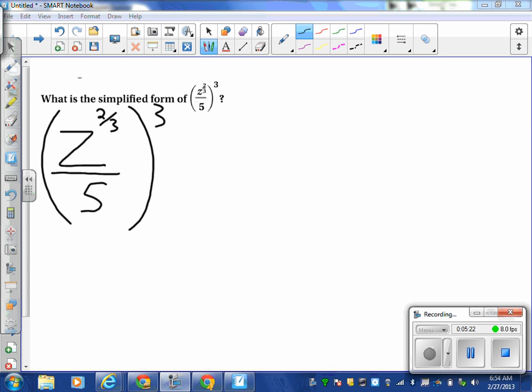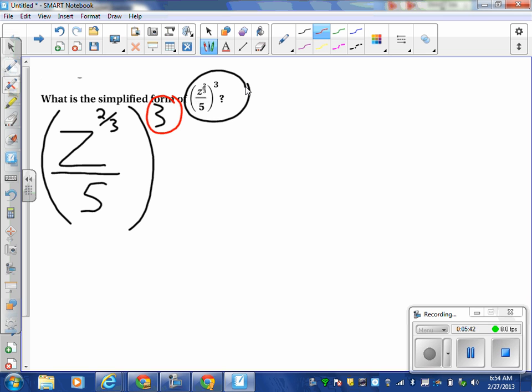How do we solve a problem that asks, what is a simplified form of that fraction? In your book, that's what you'll see. I just made it larger so you can see it a little bit better. What does this 3 tell me to do on the outside? This 3 means I have to distribute with that number and with the number on the bottom.